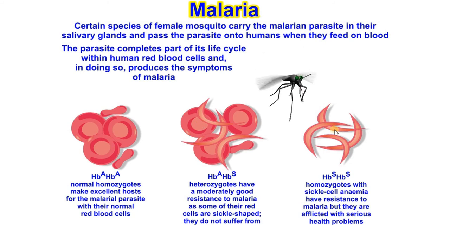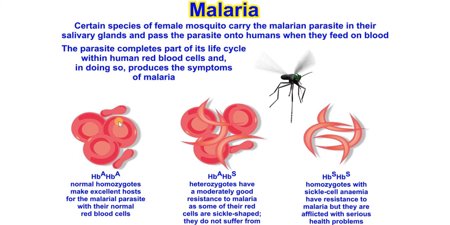So in parts of the world with malaria, sub-Saharan Africa, for example, individuals that are heterozygous are protected against malaria to a large degree, and these are the individuals that are selected for.